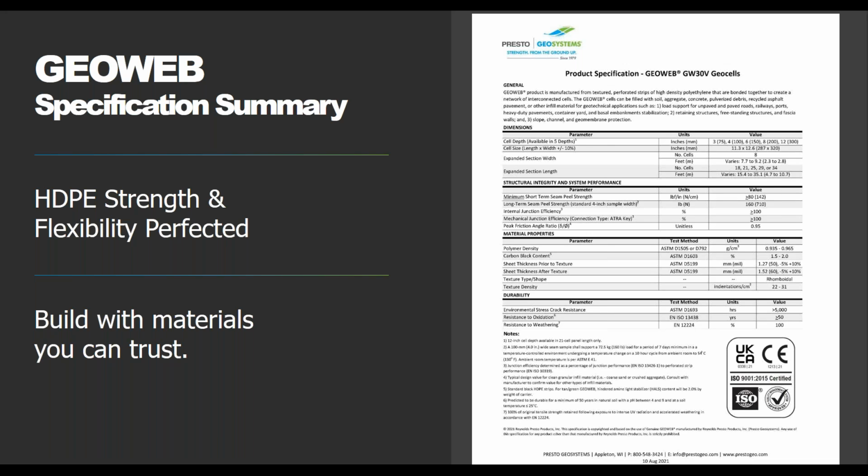Our products are always going to meet these specifications, and you're not going to see things like specifications are subject to change without notice, or information shown is for general purposes and not intended for design. Those are the types of things that you really want to look out for, because it could potentially mean that the material is not going to perform the way you would expect it to. So basically, our spec sheet contains no disclaimers, and we're going to stand behind all of these numbers so that you can deliver certainty in the solution while you build with materials that you can trust.